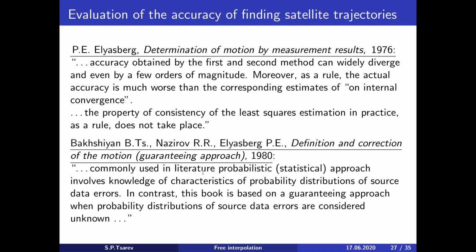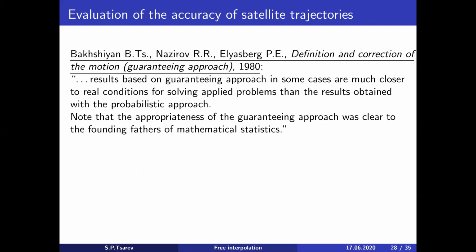They say that the commonly used probabilistic approach is not really good, and they published a new approach in this book, called the guaranteeing approach, where they shift from the probabilistic approach and do not assume that probability distributions of data are known. The results of this guaranteeing approach in some cases are much closer to reality.